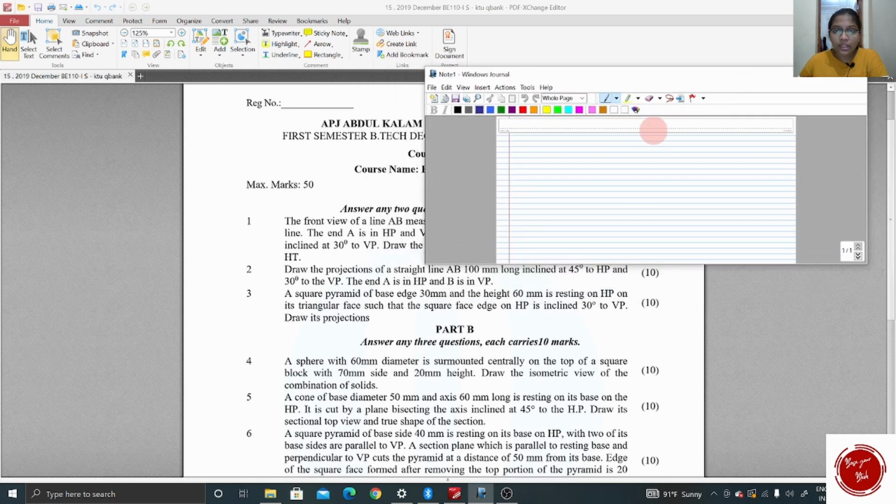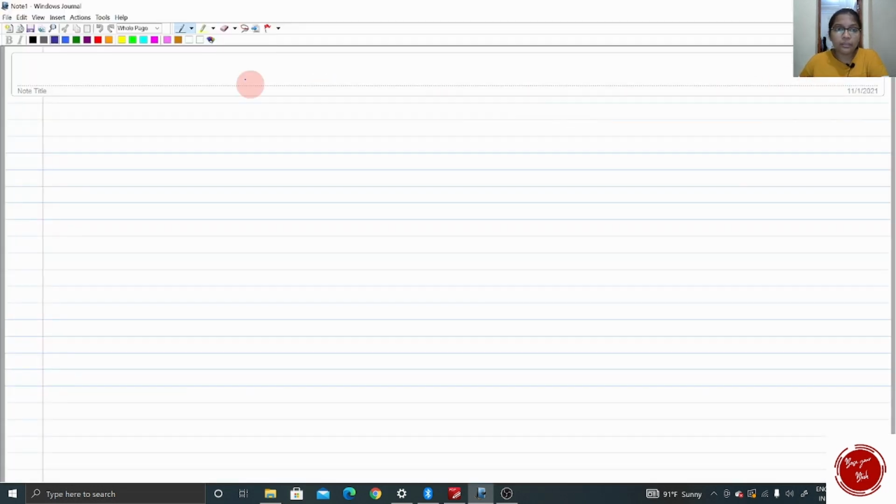That means, first of all, a square pyramid means the base will be a square type, and since it's a pyramid, every edge converges to a point which is called apex. Okay, so this point is called apex. And the lines you see, that is these red colored lines, are called edges.